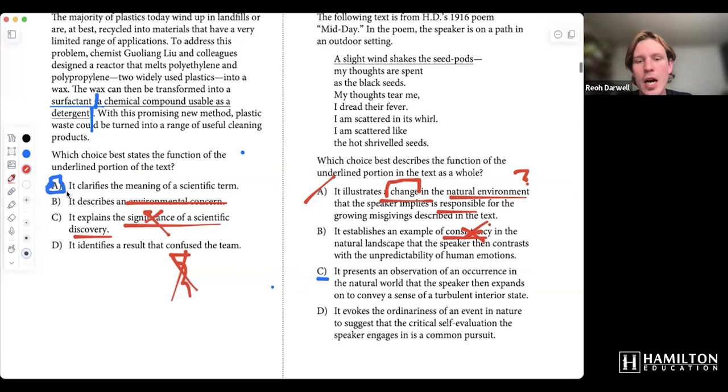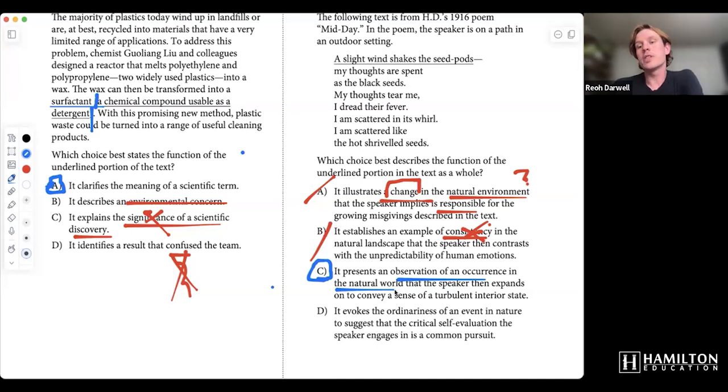So C, again, one of our best ways of approaching these sort of questions is what is wrong with an answer choice, and we want the answer choice that has nothing wrong with it, right? So this is an observation of an occurrence in the natural world. Perfect, right? We know that this occurs in the natural world. We don't know if it is a change or if it's a constant, whether it's ordinary, whether it's new, but we do know that it happens.